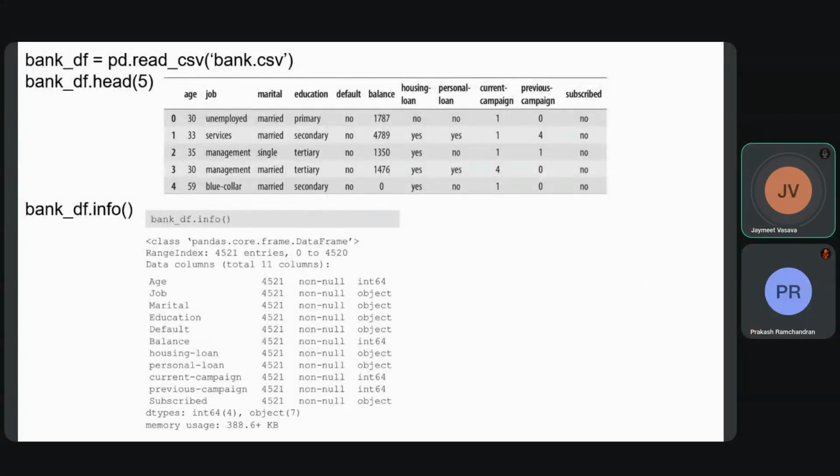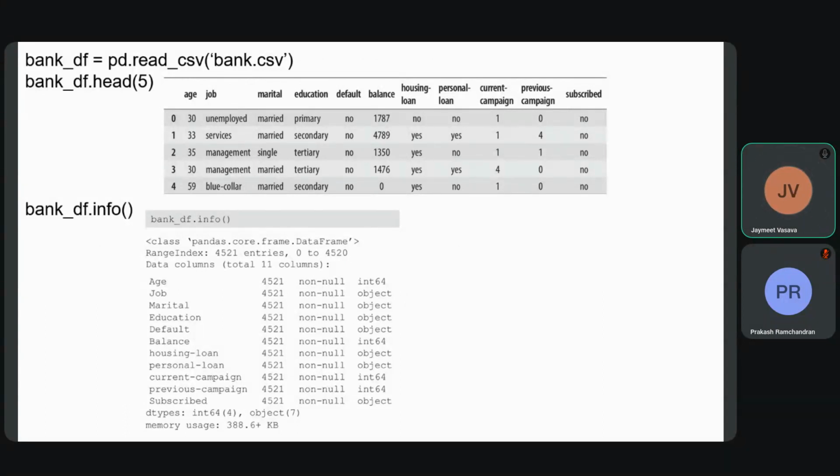First we read the data set, then print the first 5 observations, and get the information about the DF, or the data frame, of the data set.